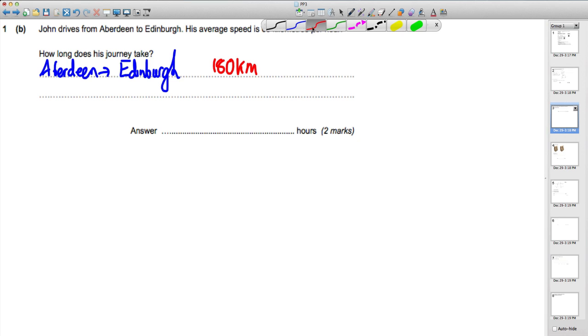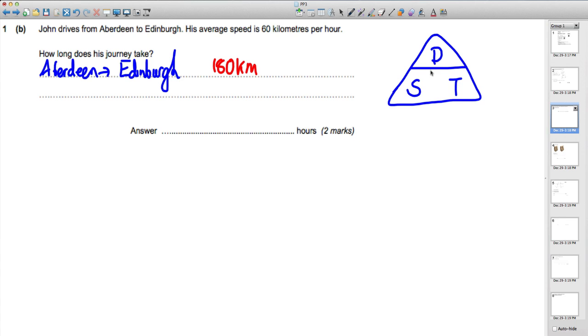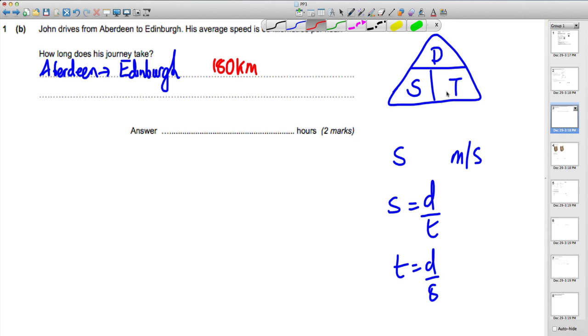And you should also know that speed is distance divided by time. You might have seen that triangle in science. If you want to work out how long the journey takes, if you want time, rearranging this must be distance over speed, or as sometimes you're taught in science, cover up the time and it's distance over speed.